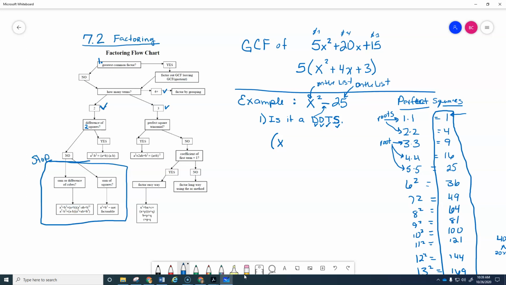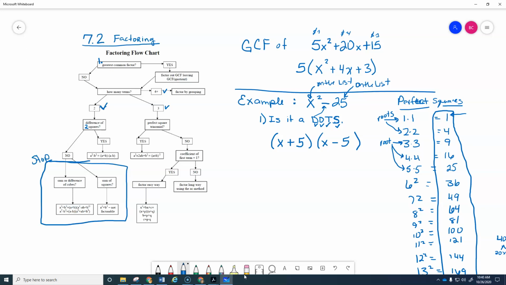You with me? So you take the roots of the first term, go in each parentheses first. You put a plus sign and a minus sign every time. And then you take the roots of the second one and you put them here. And that's the way it factors every time.